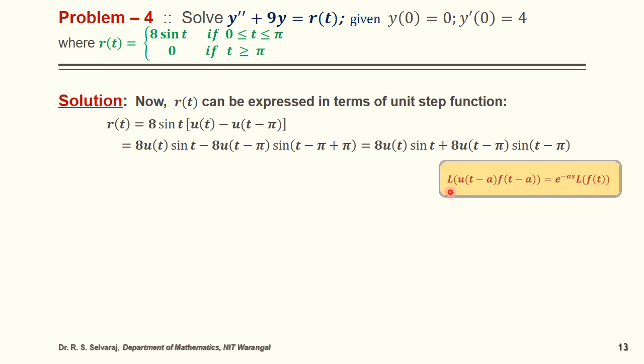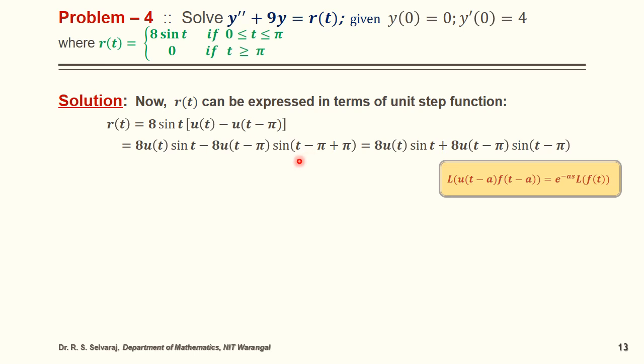Whenever we want to find the Laplace transform of u of t minus a, the function which is beside u of t minus a should also be a function of t minus a. Only then will we be able to find the Laplace transform of u of t minus a into f of t minus a to be e to the power minus as into L of f of t. So in the second term here, 8 times u of t minus pi was there and then sin t was there.